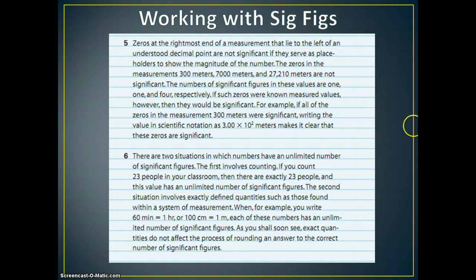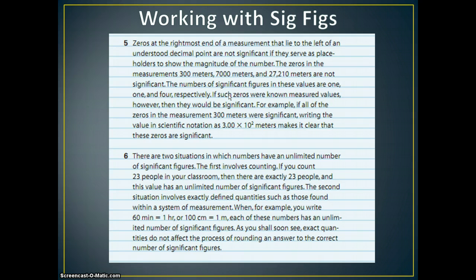In order to take care of this, we definitely write these types of numbers in scientific notation. If we do so, we can indicate how many of those zeros we want to count. We can write 3 times 10 to the 2, or 3.0 times 10 to the 2, or 3.00 times 10 to the 2. And each one of those would have one successively higher significant figure. So we indicate it by writing in scientific notation.